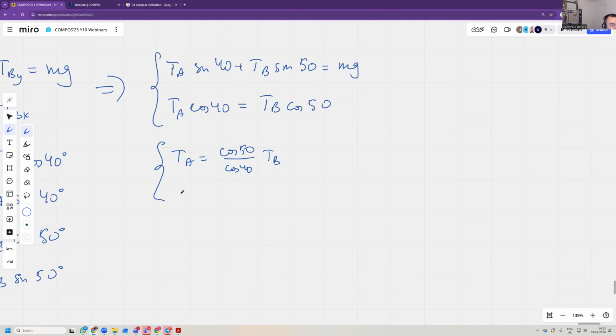So cos 50 over cos 40 TB times sine 40 plus TB sine 50 equals mg.